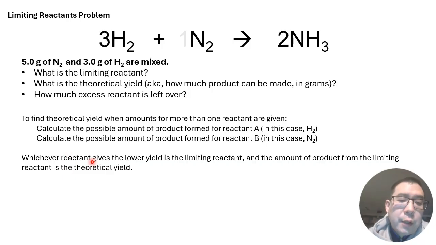And whichever reactant gives the lower yield is the limiting reactant. The amount of product that you get from that limiting reactant, whichever one is lower, that's the theoretical yield, because one of the reactants, the limiting reactant, ran out.